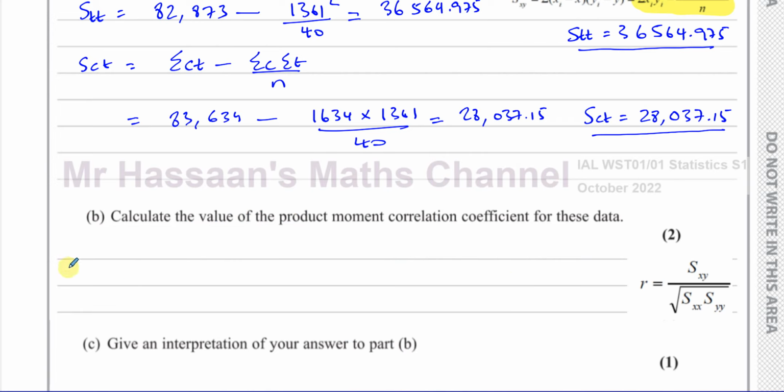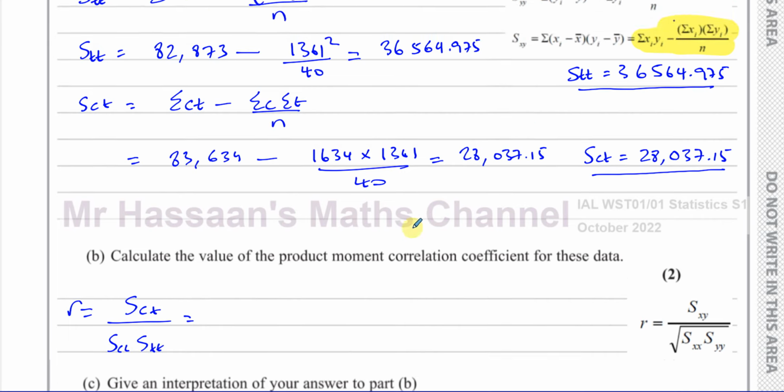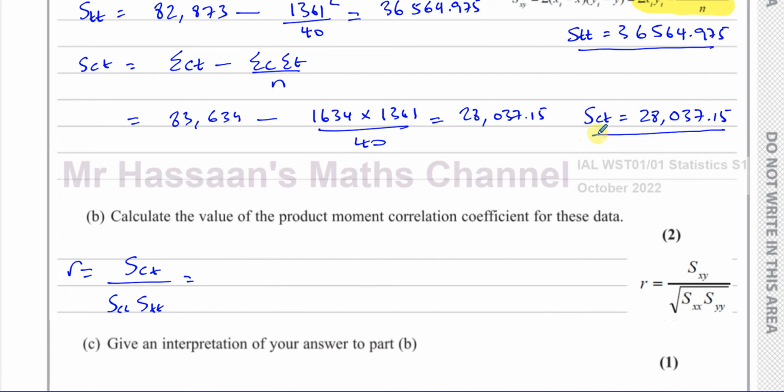So we have R equals SXY over the square root of SXX times SYY. So in terms of our numbers, this is SCT over the square root of SCC times STT. And we have all of those things. We found SCT already in the first part of the question. Sorry, that's a square root for the denominator.